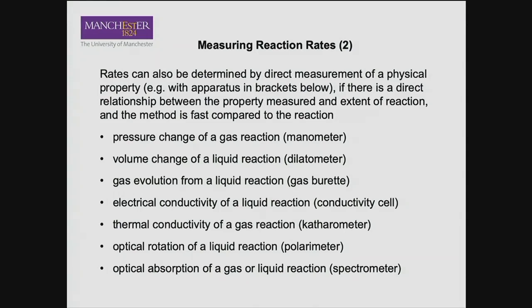So you could do your reaction in the middle of the polarimeter, and you would see that process happening. Or you can do more standard spectroscopy, absorbance spectroscopy or magnetic resonance spectroscopy or whatever, and that will change as your molecules change in a reaction.